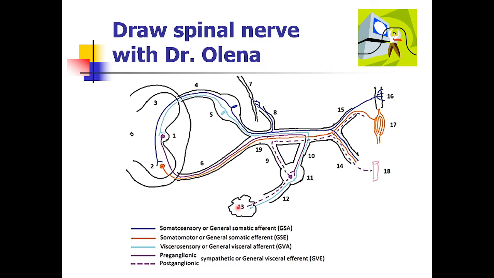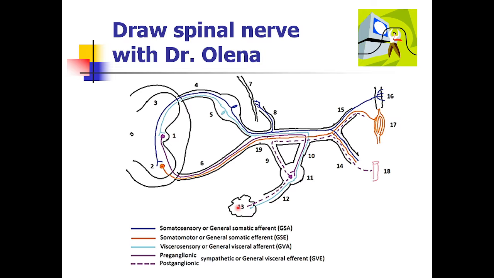Visceral pain is dull and unlocalized. A person with pneumonia having pain in the chest will show you just the side of the chest. He will not specify, oh doctor, my pain is coming from the middle lobe lateral segment, okay? So he will not be able to point to the pain. That means it is unlocalized. I hope it makes sense.